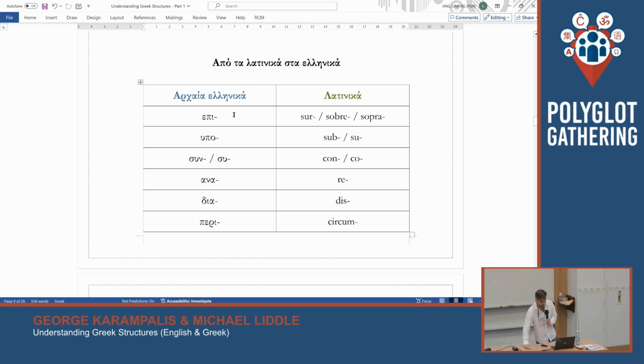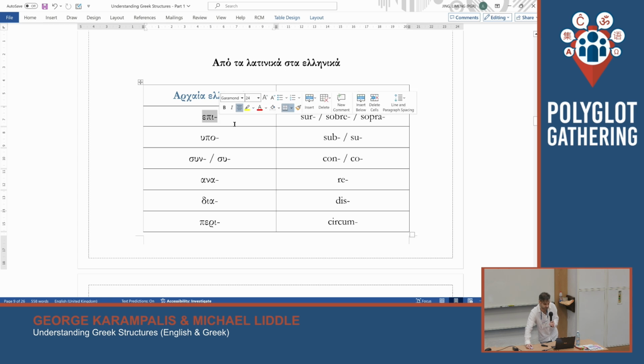These are some prefixes that used to be prepositions in their respective languages. Most of them you have seen already, as they do exist in some English words.